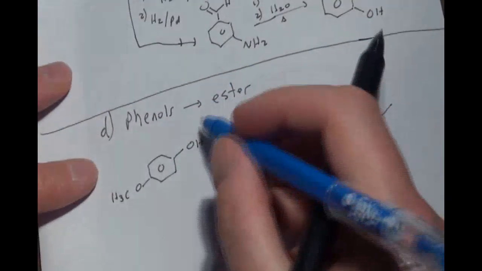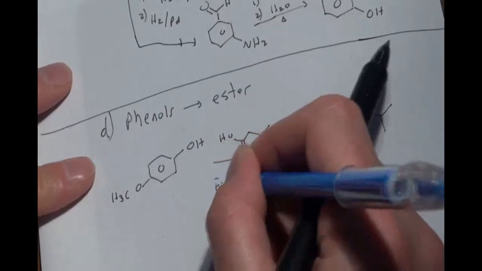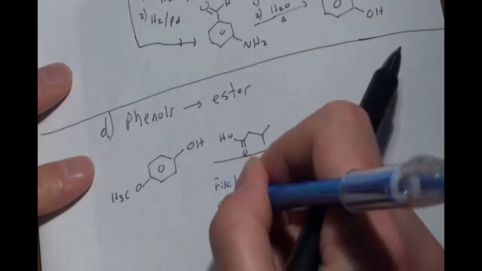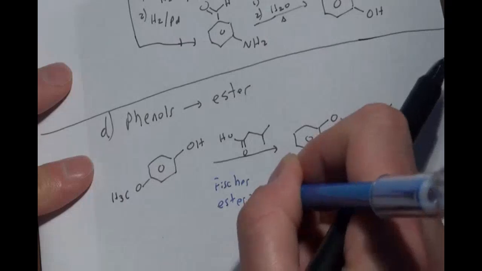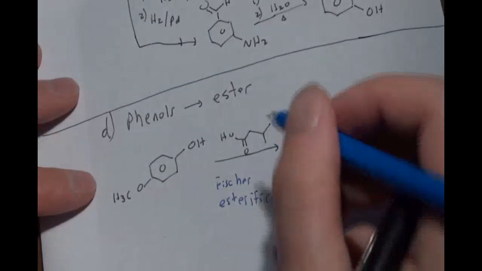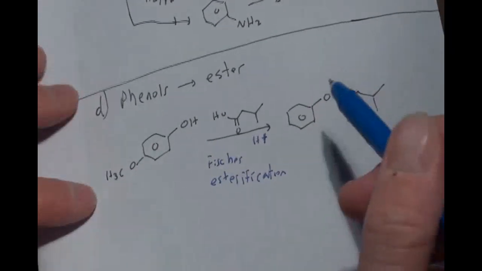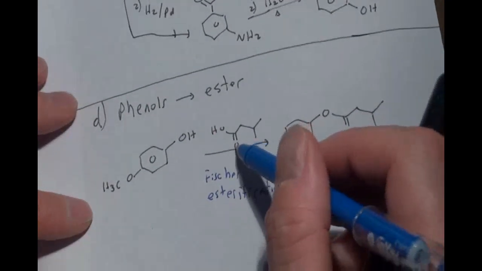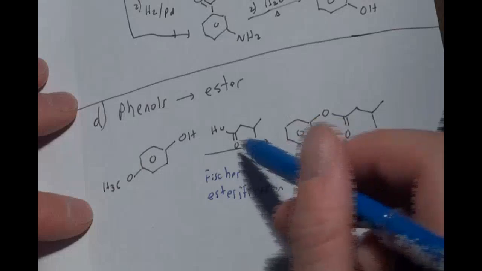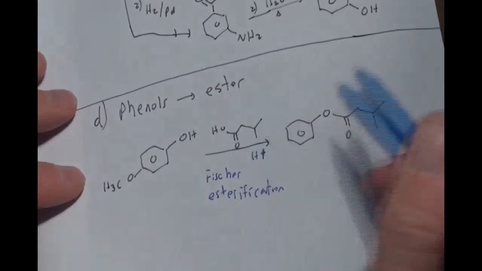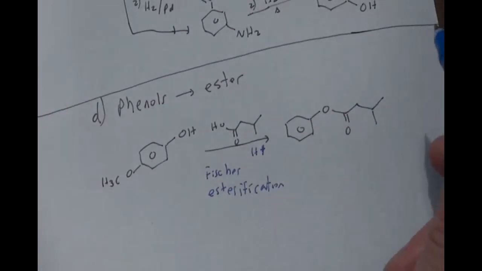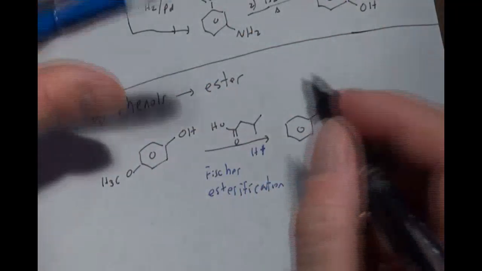It's a Fischer Esterification. How do you do it? You protonate. You need an acid catalyst. So the C double bond O attacks the proton, makes a resonance-stabilized cation. Phenol attacks, etc. So it's just like making an ester through normal Fischer Esterification.